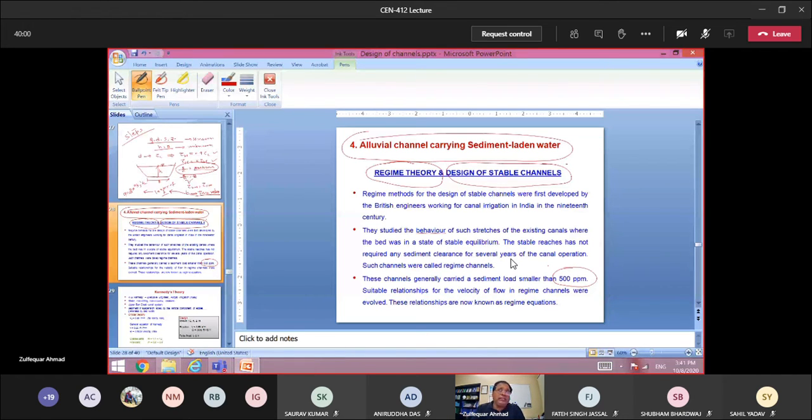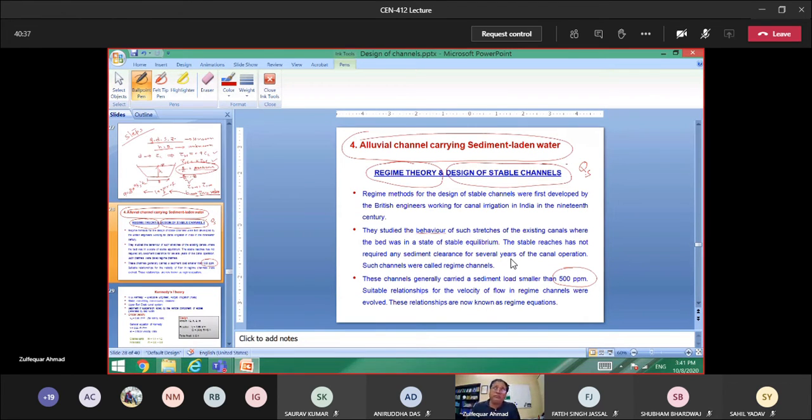Here the sediment concentration factor is not coming in the design. In this approach, you will not get any equation that is dealing with the Qs, which is the sediment load, right? So it is presumed that whatever we are discussing of the Kennedy and the Lacey equation, okay, that is limited to design of the channel which is having the maximum sediment concentration of 500 ppm, right?